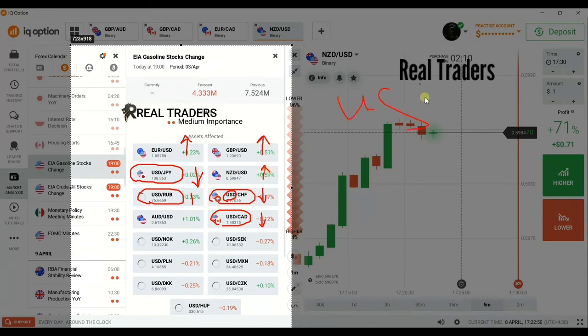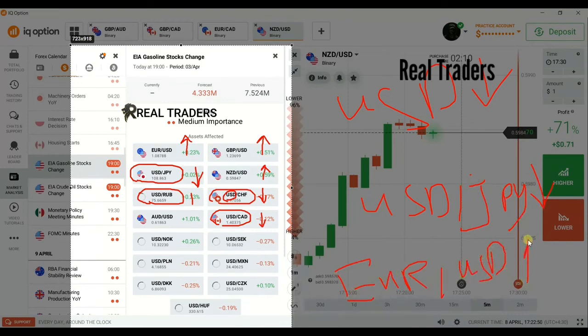So when the USD is going down, the USD JPY will go down, but the Euro USD will go up.